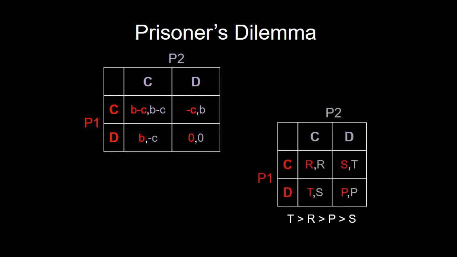And we said there's also this more general formulation where there's the temptation of exploiting the other person, the reward of mutual cooperation, the punishment of mutual defection, and then the sucker payoff of being exploited by the other person. And just a reminder that there's an annoying notational feature here, which is big C is the action cooperate, and little c is the cost of cooperating.